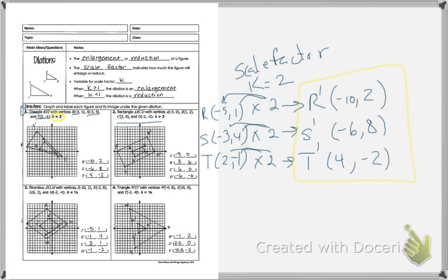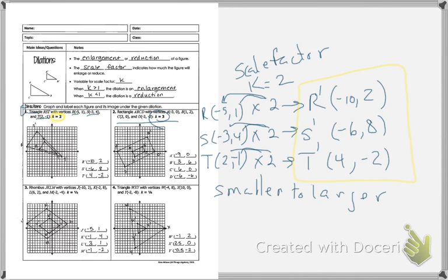Number 2, it's done the same, except it changes the scale factor. So I'm not going to worry about whole numbers. These, because they're whole numbers, they're going from smaller to larger.